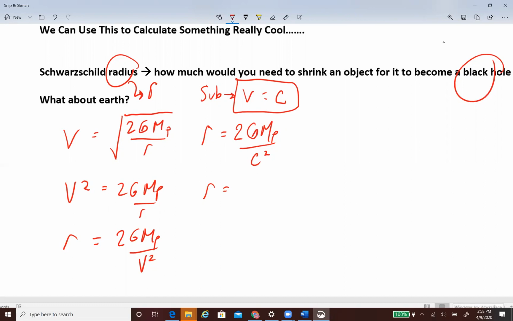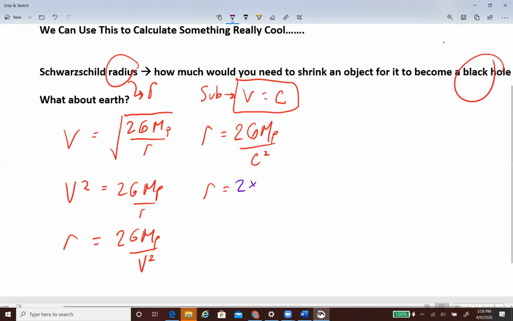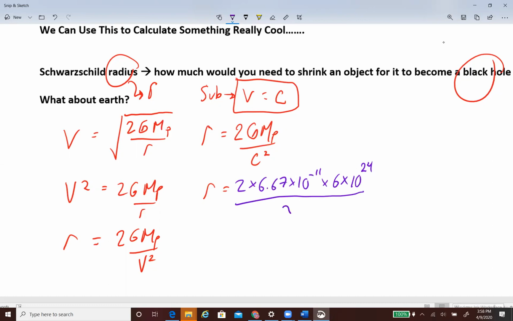So now if we put in our values, 2 times 6.67 times 10 to the negative 11 times the mass of the Earth, Earth being about 6 times 10 to the 24, over the speed of light squared, which is 3 times 10 to the 8 squared.